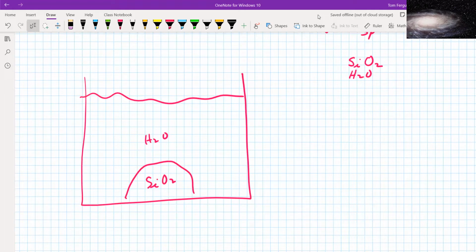And whoever wins determines what happens to the solvent and solute. If the force that keeps the crystal together is stronger than the other one, it'll stay together. If the one pulling it apart is stronger, it'll pull it apart. So those two forces, one is solvating.